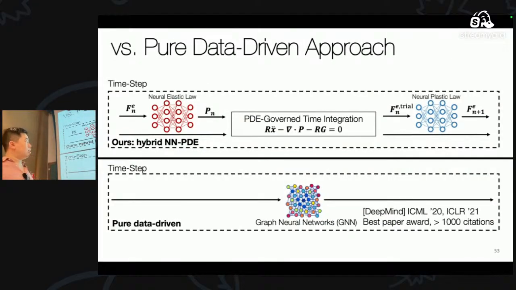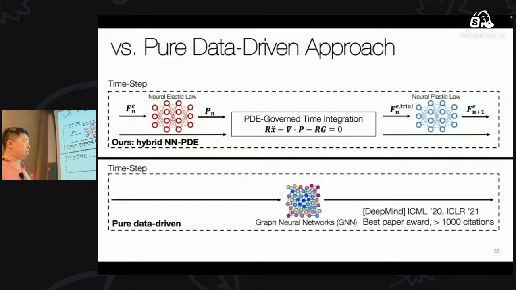This approach, where in traditional solvers you replace only one part with a neural network, like hybrid neural network PDE approaches, versus the pure data-driven approaches that we talked about earlier, which are the mainstream school of thought in the AI community. So how are they different?